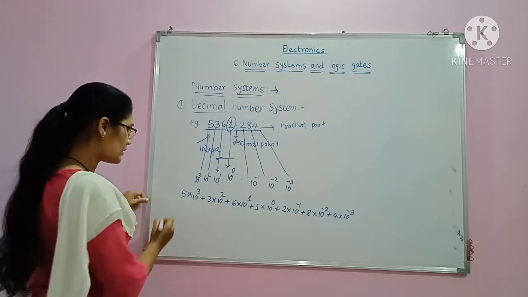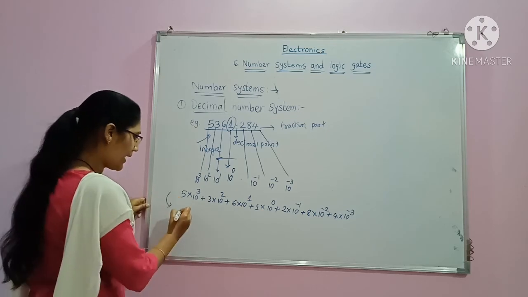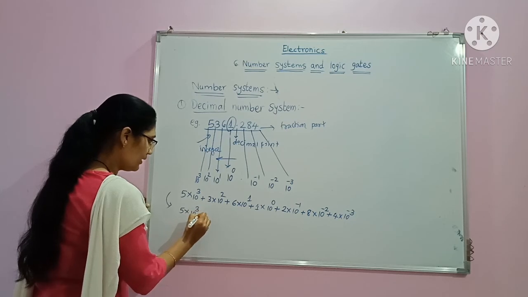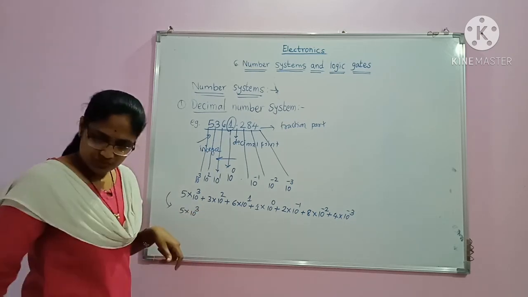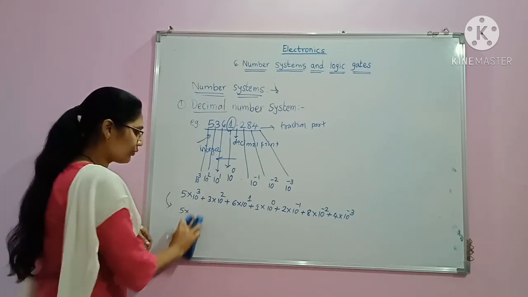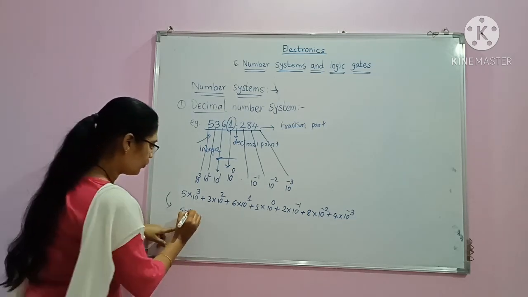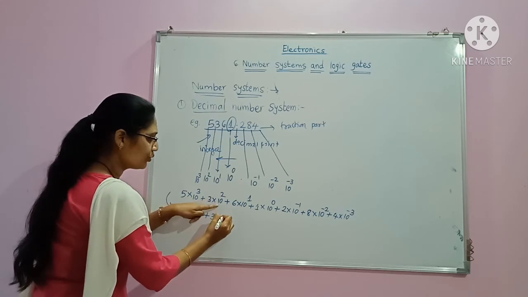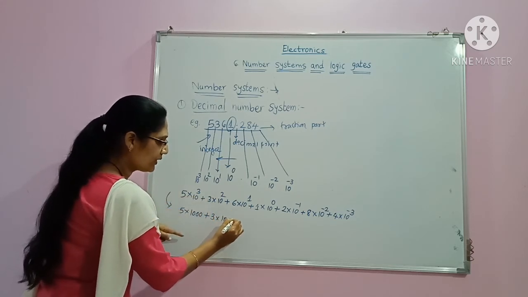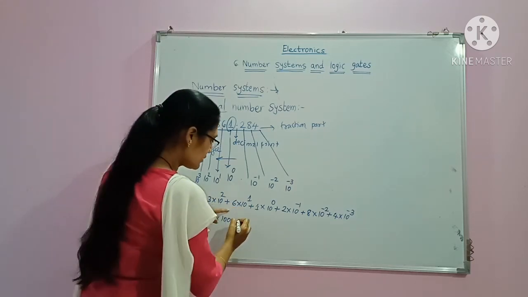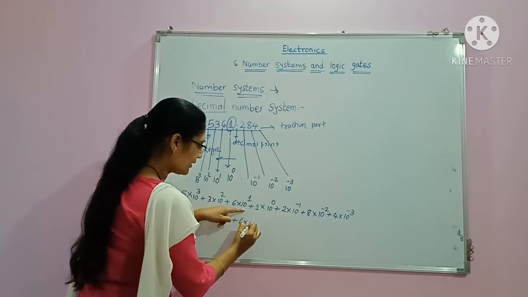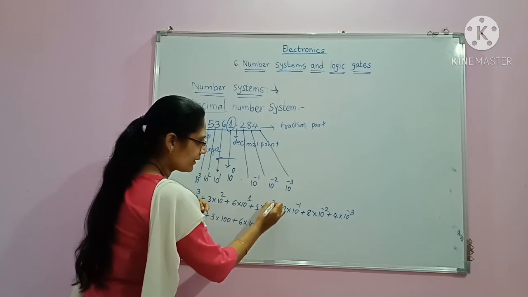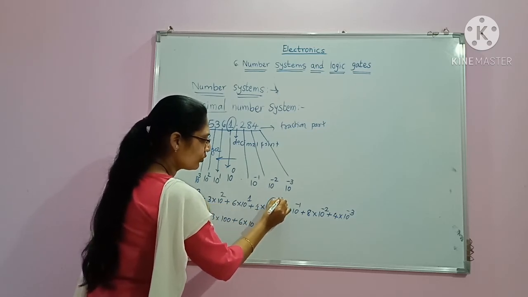So this can also be written as 5 into 10 raised to 3, which means I have to multiply this with 1000, plus 3 into 10 raised to 2, which means I have to multiply it with 100. 6 into 10 raised to 1 means I have to multiply it with 10, plus 1 into 10 raised to 0. 10 raised to 0 is equal to 1.